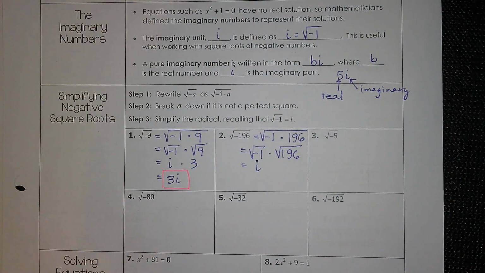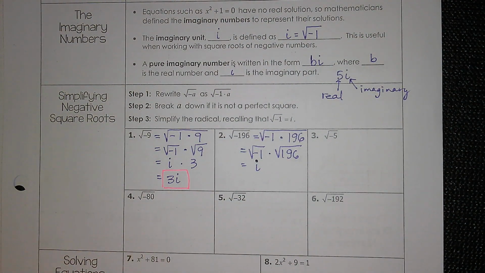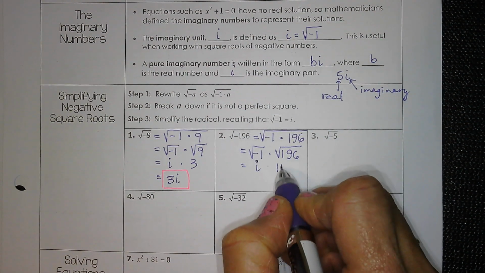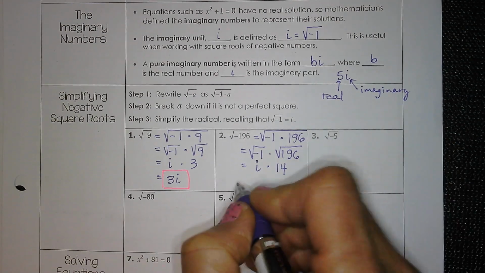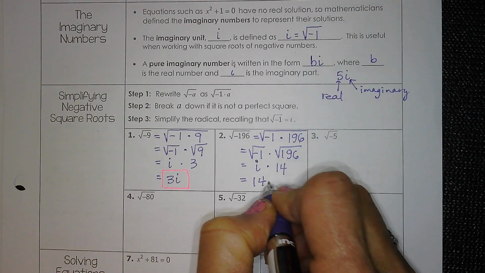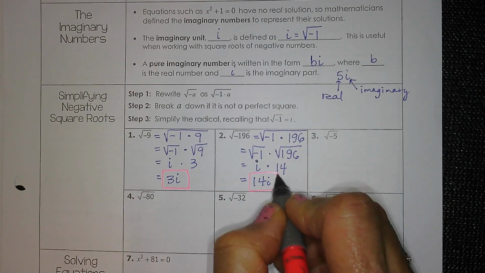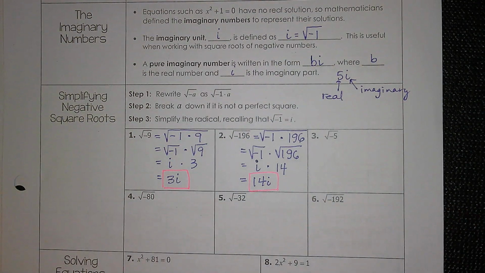So I'm going to put an i there. Now, if you don't know your square roots up to 25, 196 is actually 14 squared. So this turns into a 14. Again, I'm going to put the 14 in the front, but that's all there is to it. So if you have a perfect square, it just turns into that number.